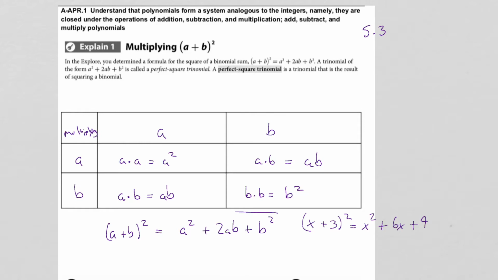If I can use this formula to quickly solve things like this without having to multiply it all out, that's great. And there are a couple other special case things we're going to learn today as well.